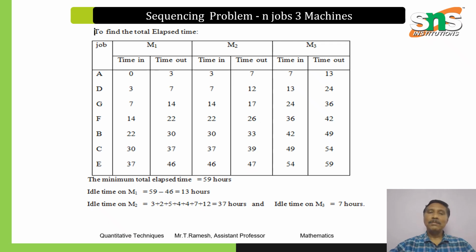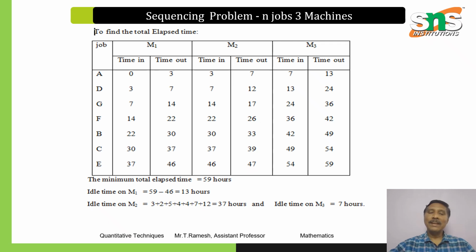Similarly, for the idle time of machine 2, after 3 hours machine 2 will start, because the first work is completed on M1 and then it goes to M2. So in that case, M2 is idle. Therefore, the idle time of machine 2 is 3 hours, and it is not continuously running, because here it ends at 12 and then after 12 hours it starts at 14.